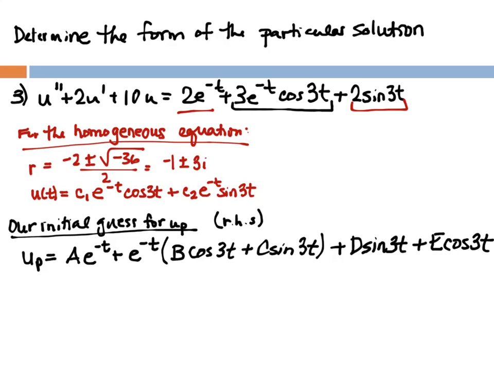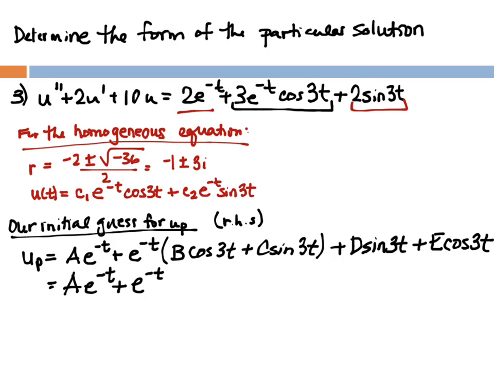Okay. Here's what happens next. I'll distribute that e to the negative t, and you can as well. But aside from that, we're going to compare this to the general solution we have already, the u of t equation that we already created. Oops.